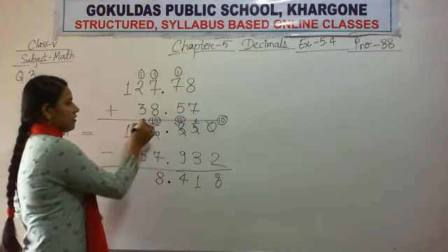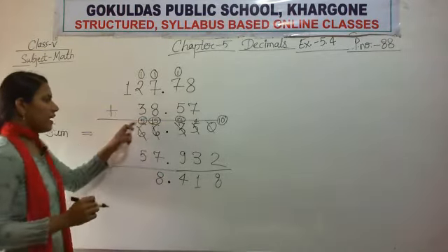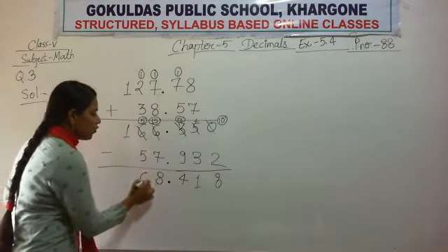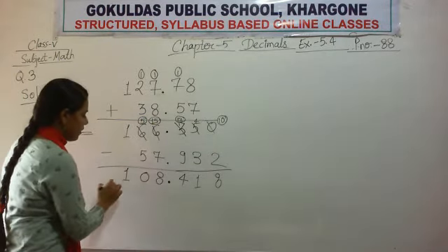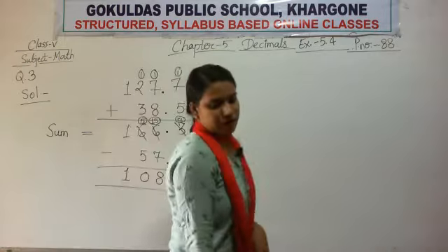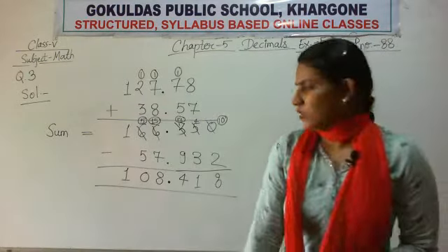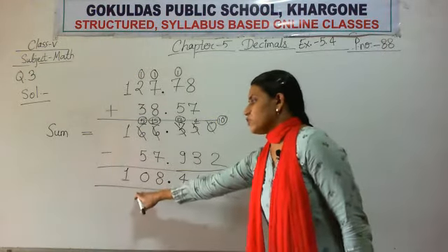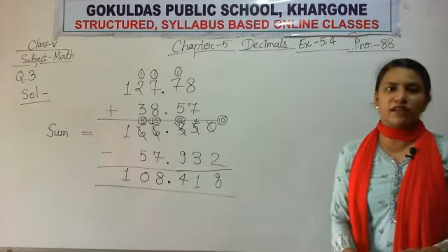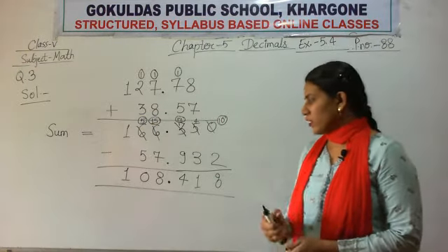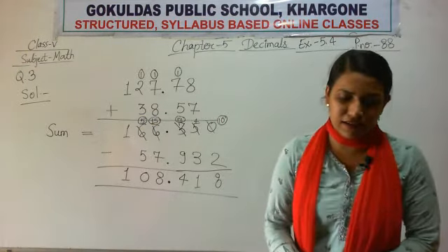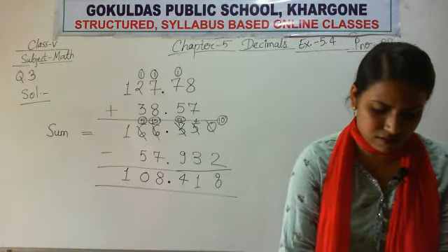Write 8. Now here only 5 is left. So 5 minus 5 is 0 and 1 is copied down as it is. So when we subtract, our result is 108.418. 108.418 is our final result after subtraction.